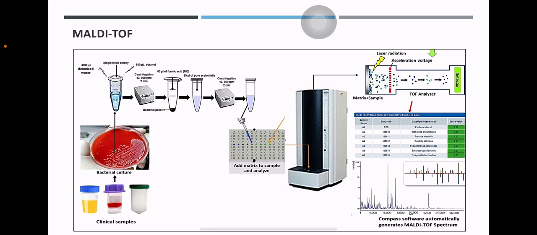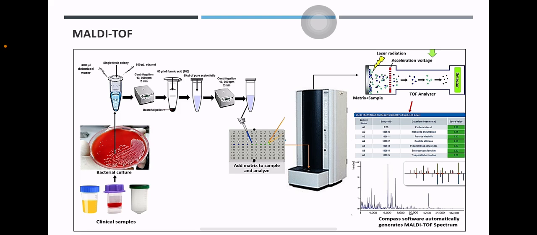For the principle, again, I will make it simpler for everyone. A laser hits a matrix-embedded sample, and then the molecules desorb and ionize, and their mass-to-charge ratio is measured by the time of flight. The protein fingerprint identifies the organism.